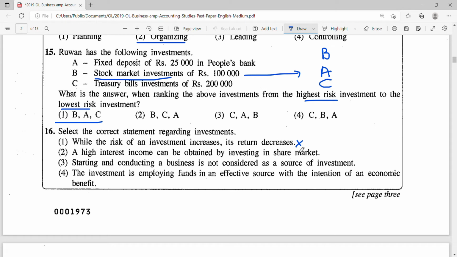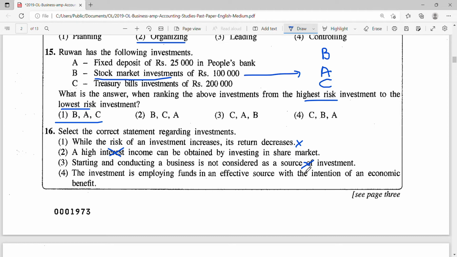A high interest income can be obtained by investing in share market. No, in share market you don't get interest income. So, the second one is also incorrect. Starting and conducting a business is not considered as a source of investment. Of course, starting and conducting a business is not a source of investment. So, that is also incorrect.